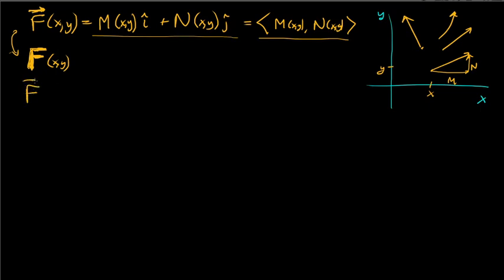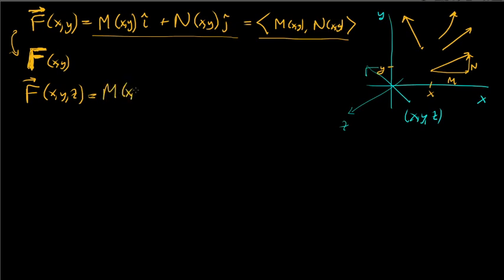Of course, now we can also have a vector field in space. So at every point in space, now we add the z-axis, so now these are points in space, and they have a vector pointing in some direction in space, so now you have three components.